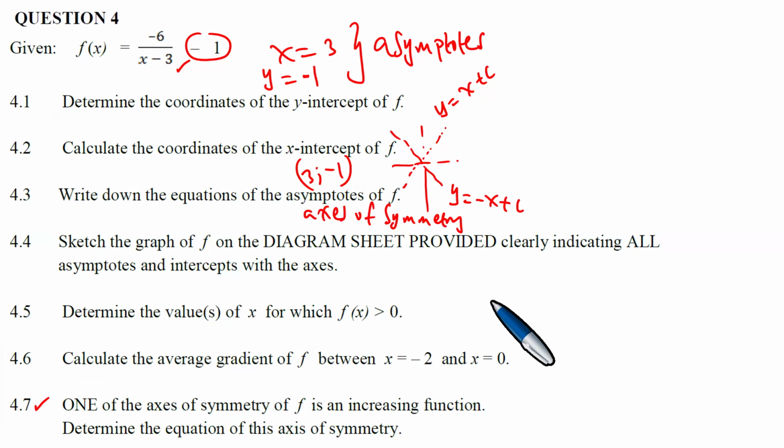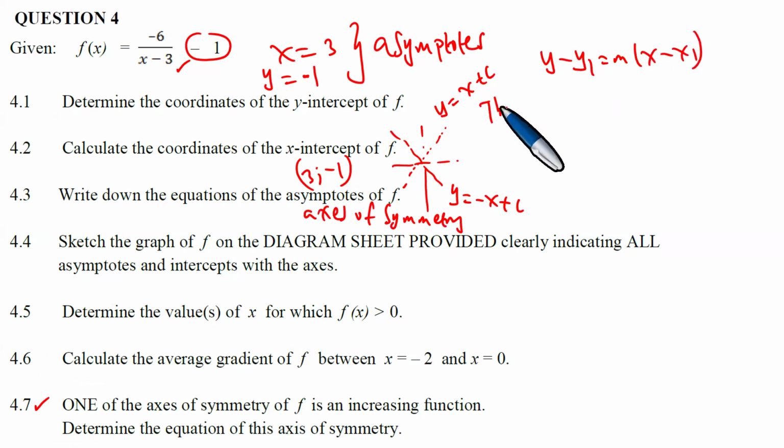Simultaneously, you can use the formula y minus y1 equals m into x minus x1, and use the point through which it passes, x is 3, y is -1.